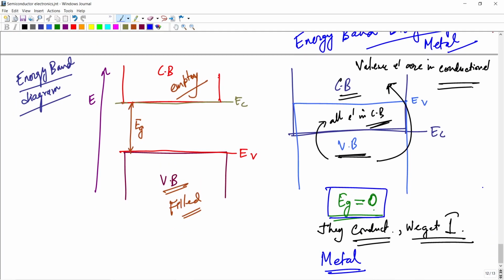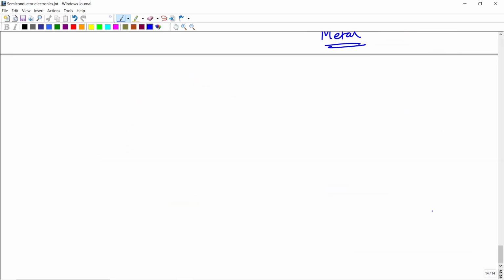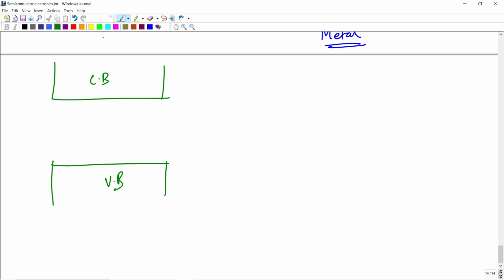Now, what is the band diagram of an insulator? So that's the conduction band and that is the valence band. The lowest part of the conduction band is called EC, and the highest part of the valence band is EV.